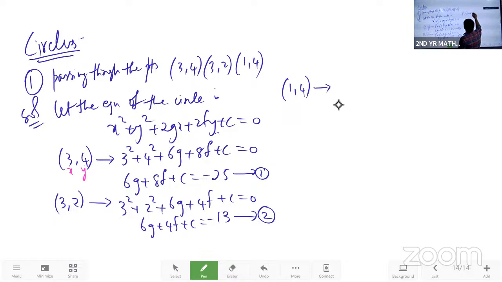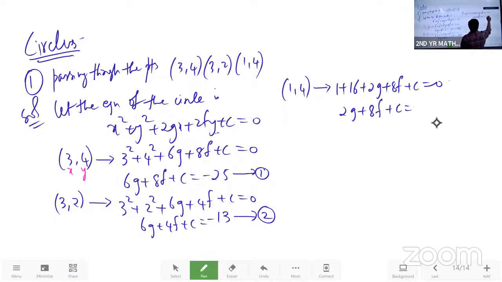In the circle equation, 1 square is 1, 4 square is 16, plus x is 1 in this standard equation, so 2g, plus y is 4, 4 2s are 8f, plus c equal to 0. That is 2g plus 8f plus c equal to minus 17. Put it as equation 3.